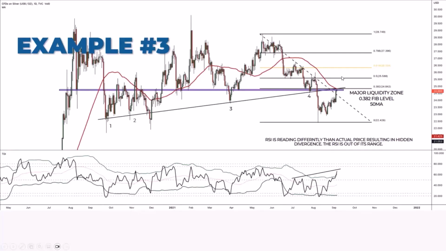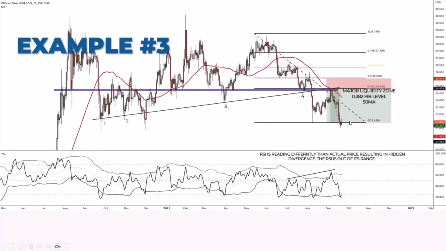Sometimes it'll stretch to the 50% or the 61.8%, but that's where it reversed at the 38.2 and went down to an equal low, which we call 0%. All right. So that's a lot of confluence to give you confidence to take the trade here. All right, let's look at another one.